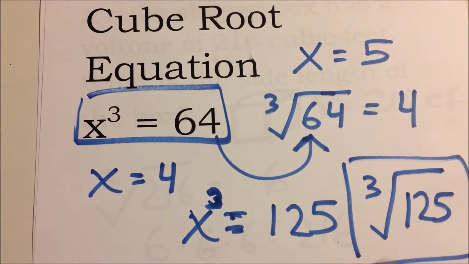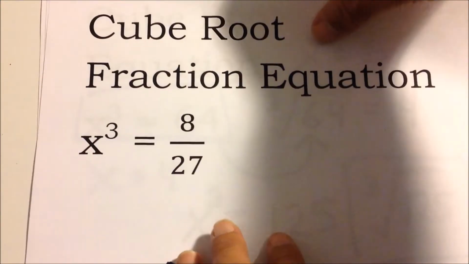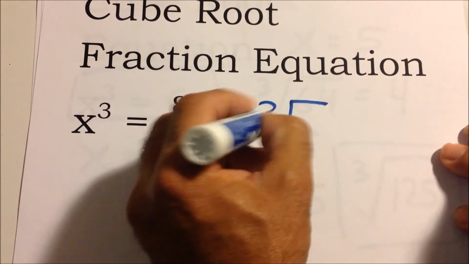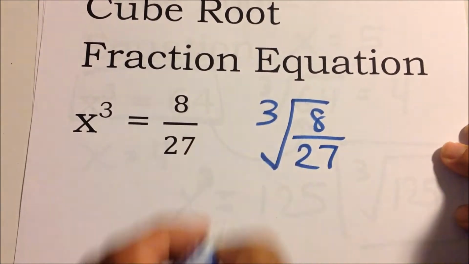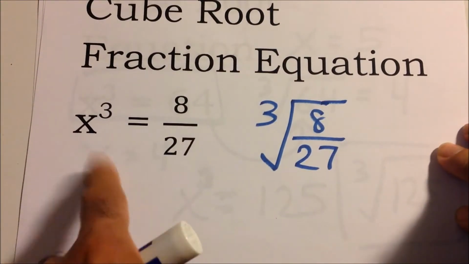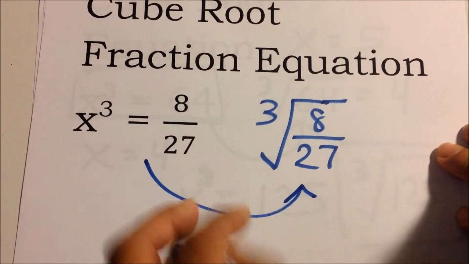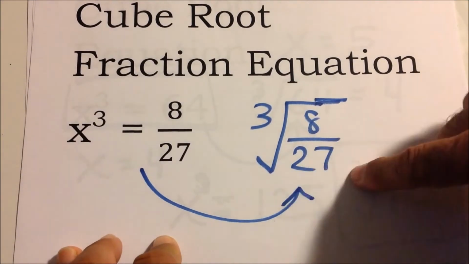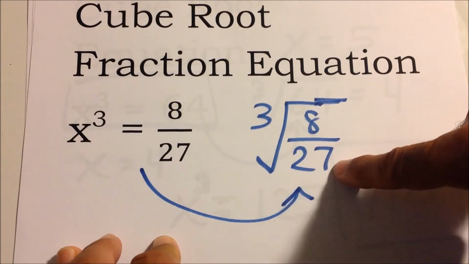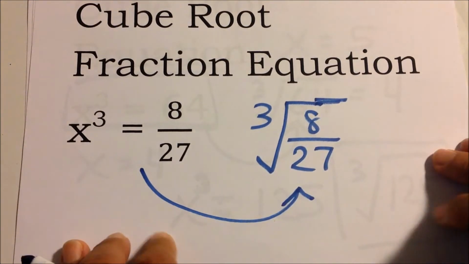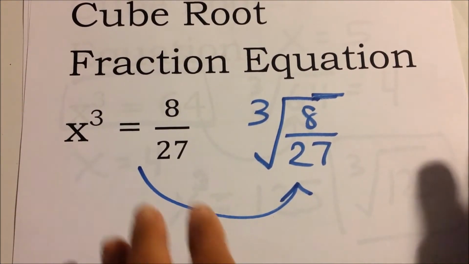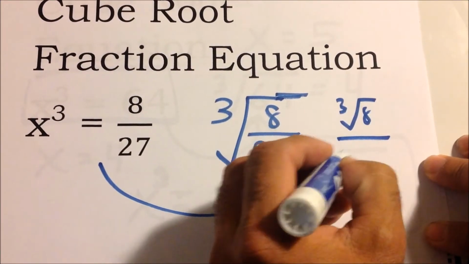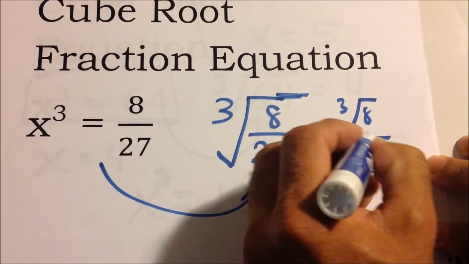And of course, they don't have to be integers, they can be fractions. A cube root fraction equation is saying the same thing. What is the cube root of 8 over 27? That is saying this. So what do you think it is? Now you should do the cube root of each number first. What's the cube root of 8? What's the cube root of 27? That will give you the answer. Try it. So basically, if you write this out on a quiz, you can say, well, what is the cube root of 8 over the cube root of 27?